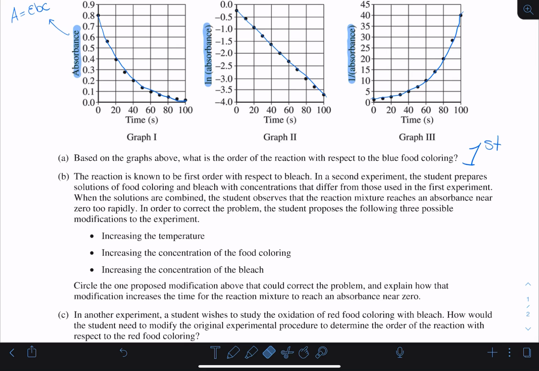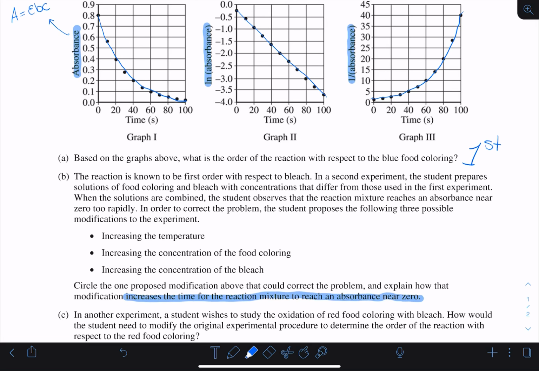And we're asked to circle the one proposed modification that would actually correct the problem and explain how that modification increases the time for the reaction mixture to reach an absorbance near 0. So we're looking for something that's going to make it take longer for our absorbance to drop.